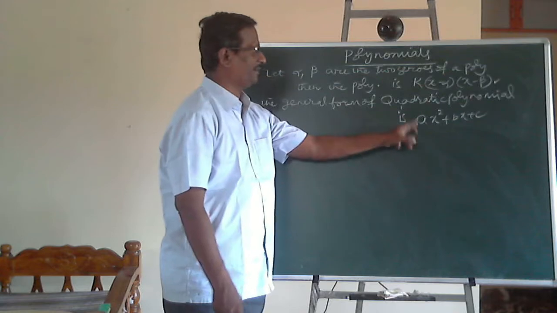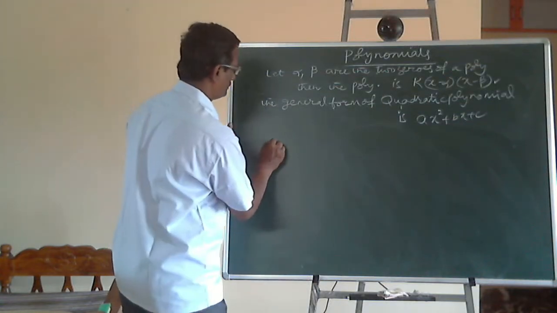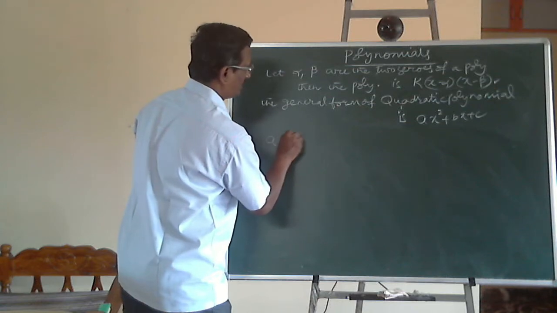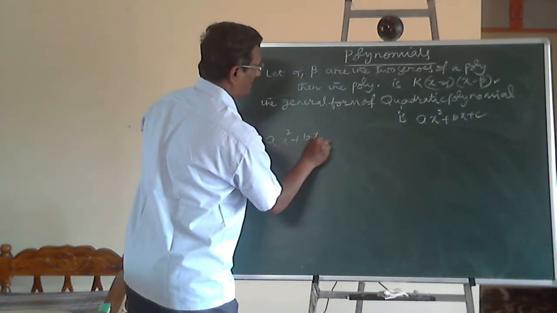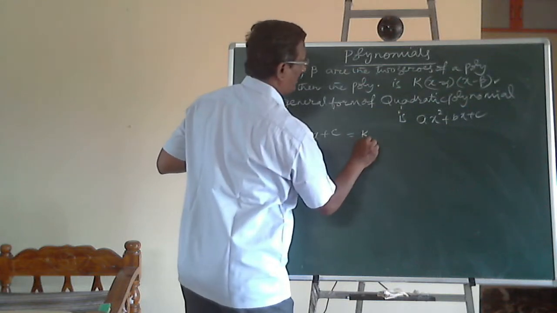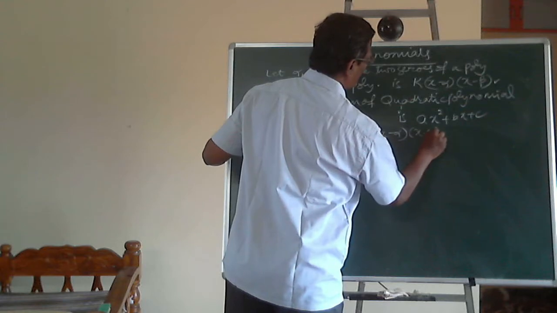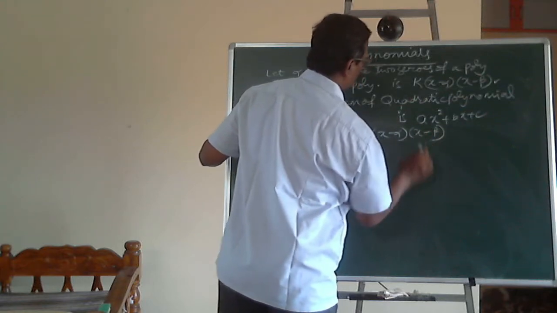Let us equate these two and see what is going to happen. Ax square plus bx plus c is equal to constant k into x minus alpha into x minus beta.